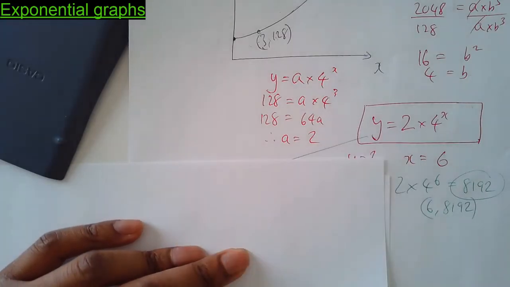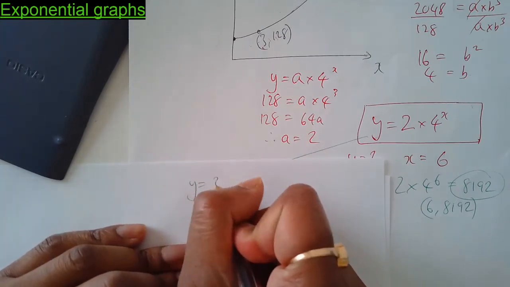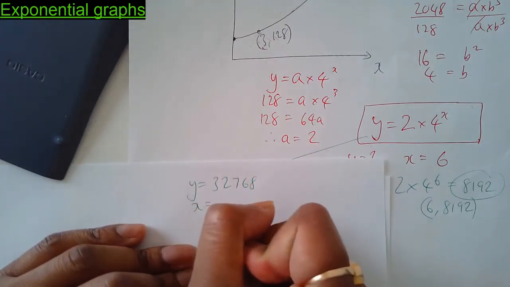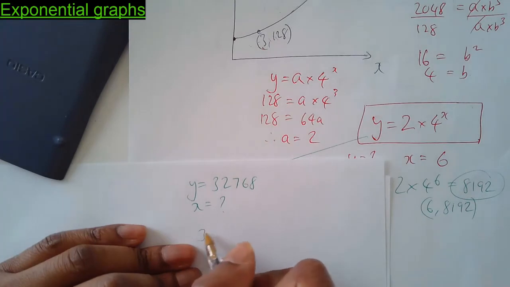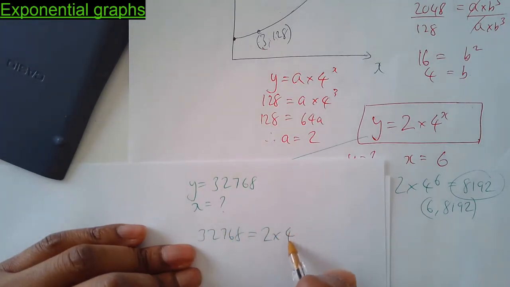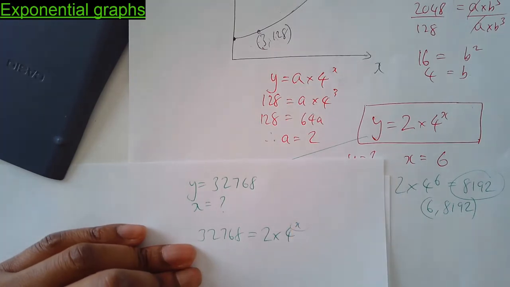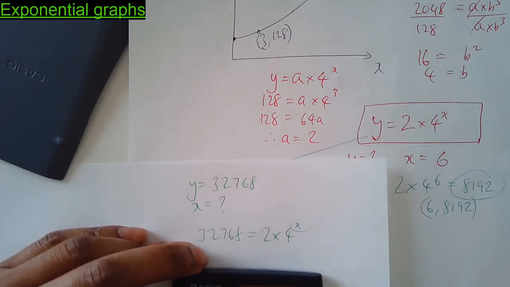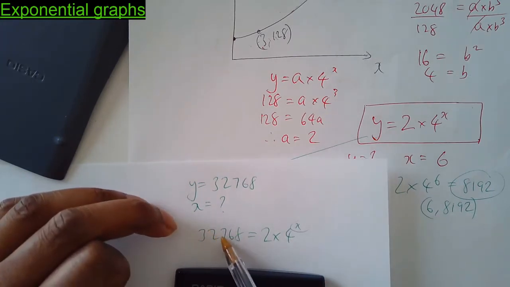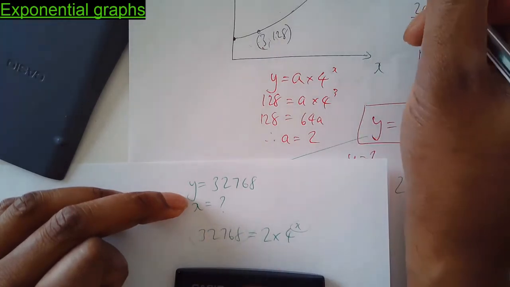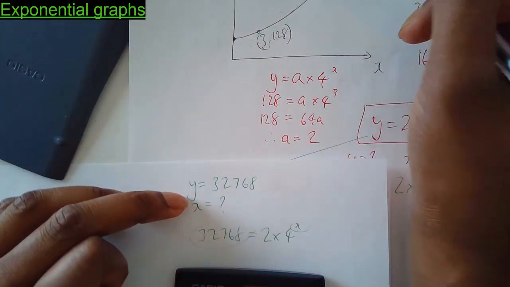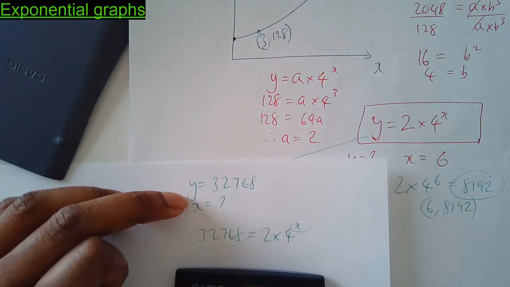For example, let's say they give you y as this number here. Find the value of x. So what you do then, substitute. Now in A-level maths there is a way to do this. It would involve logs, taking logs on both sides, but if you're doing GCSE, you can kind of guess the numbers. That number is not too far away from this number. You can see this number here is slightly bigger. Well, it's a lot bigger than that one. So what you can do is guess the number.